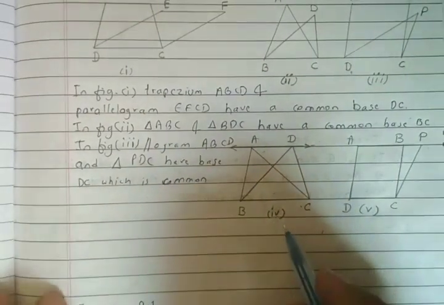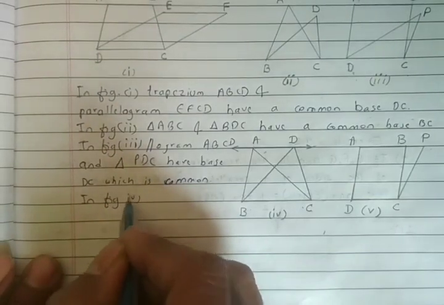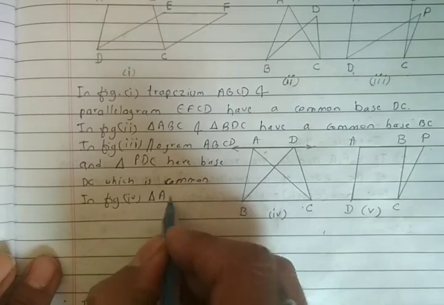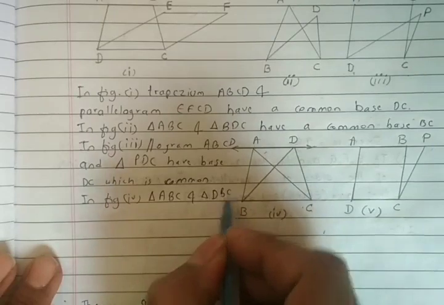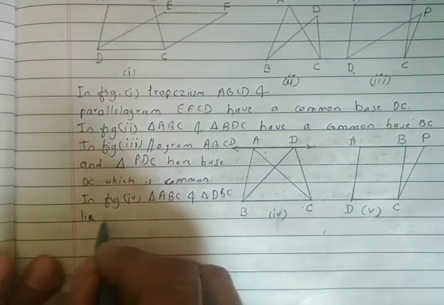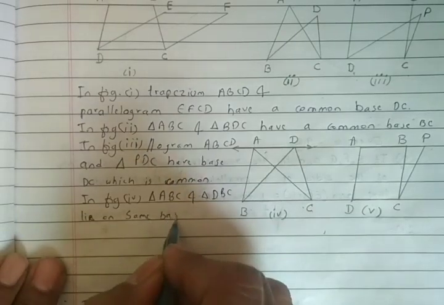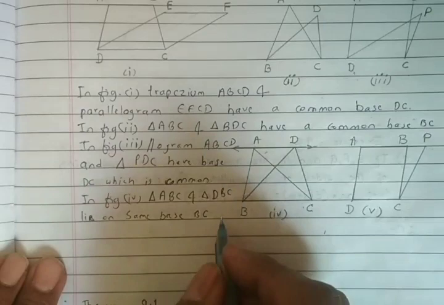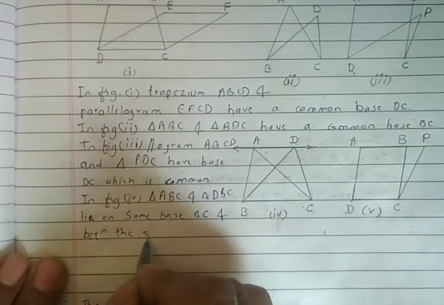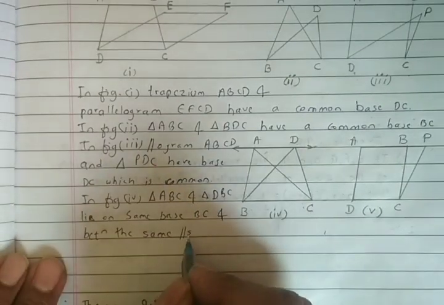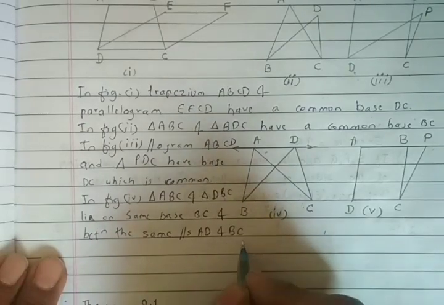So you can say that in figure 4, triangle ABC and triangle DBC lie on same base, that is BC, and between the same parallels AD and BC.